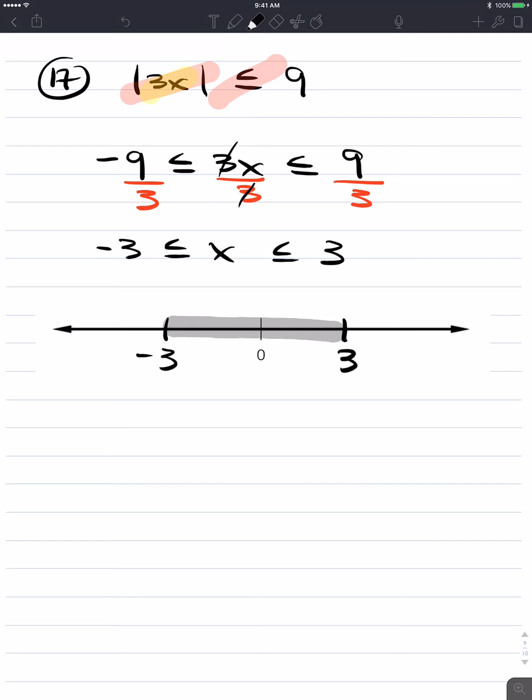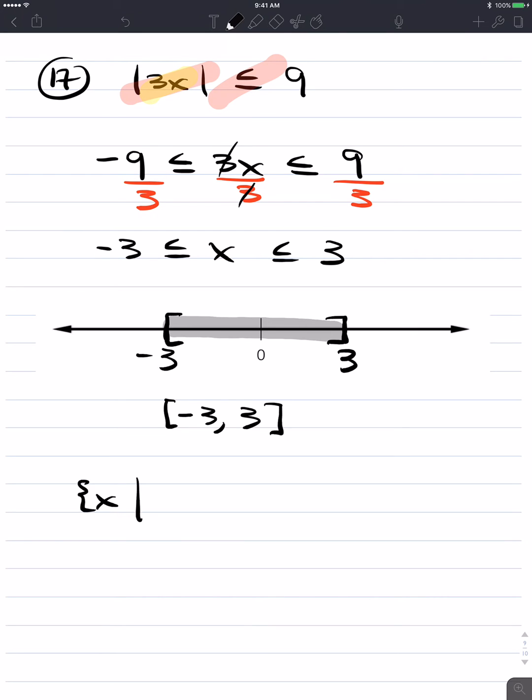Because we have less than or equal, because we have the condition of equality, we include the negative 3, we include the positive 3, we use the square brackets. In terms of interval notation, what we just shaded was everything between negative 3 and positive 3, including negative 3 and positive 3.